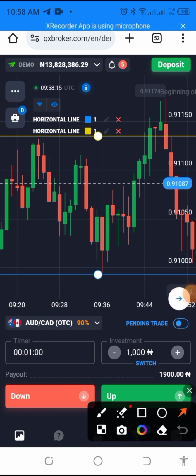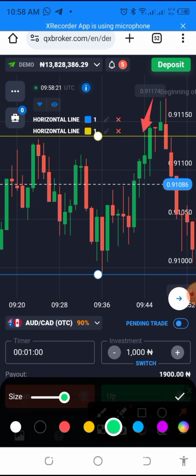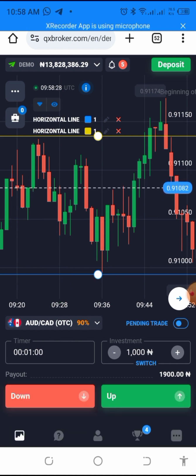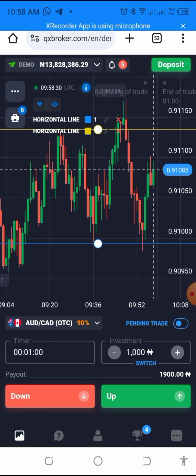This is not what I'm supposed to teach, but let me just teach it for some persons. Here is supposed to be the resistance, and this green one is supposed to be the support. So with that, we notice that when the price gets close to this support, it tends to retrace.